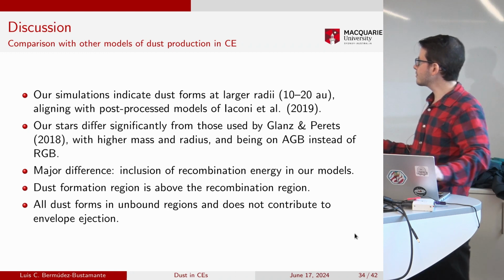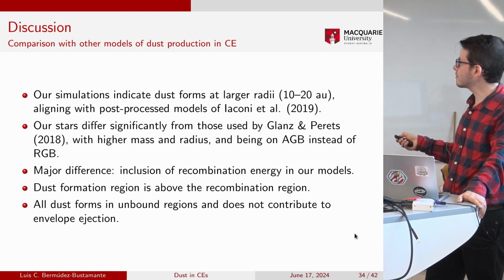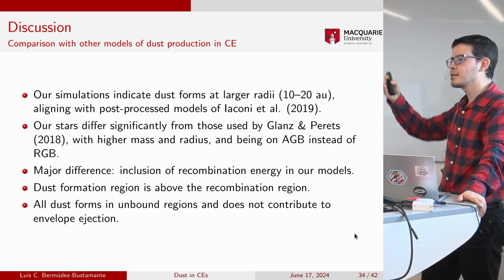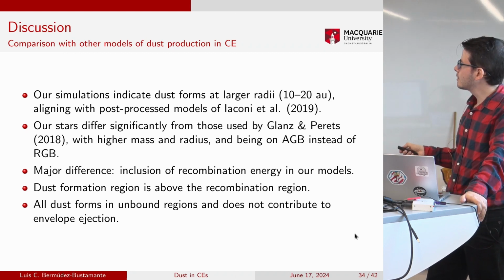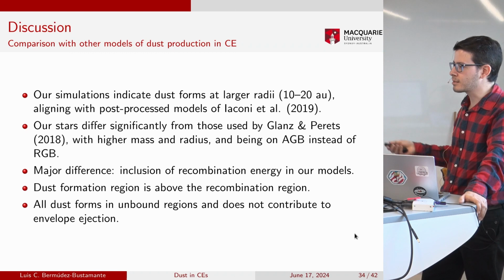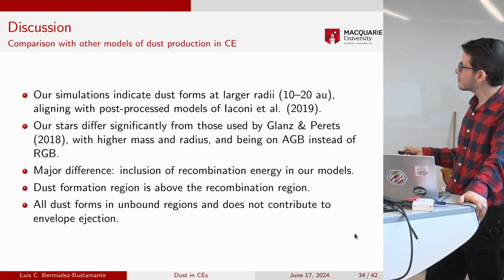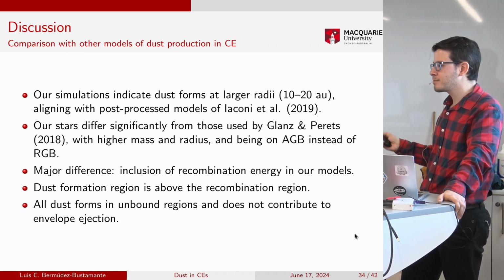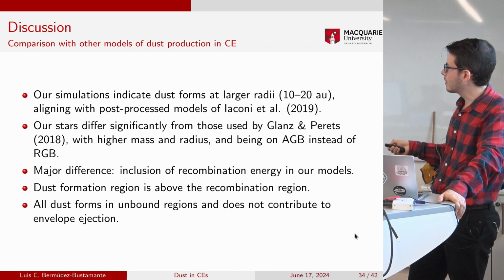In our simulations, the dust begins to form at 10 or 20 astronomical units, 2 or 3 times farther away. So this approximation underestimates the radius, but that is because in this work they did not consider recombination energy. So there might be larger differences with this term.